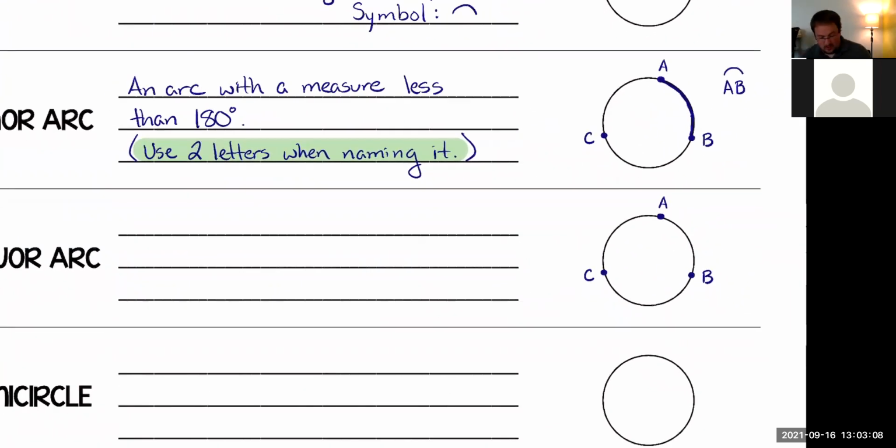Major arc, well, process of elimination is just the opposite. It's an arc with a measure greater than 180 degrees. And when we name it, instead we use 3 letters.